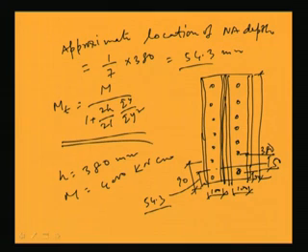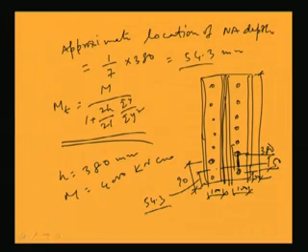What is y? y is the distance of a particular rivet from the neutral axis. That means this is one y, this is another y, like this we have to know. So, the first rivet, which is just above the neutral axis, that depth will be coming 90 minus 54.3, that is 35.7. So, this distance, neutral axis depth to first rivet above the neutral axis, is 35.7 mm.